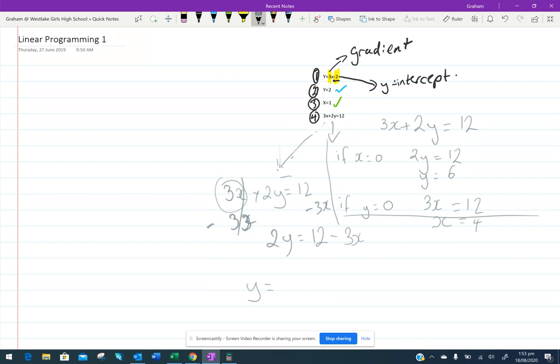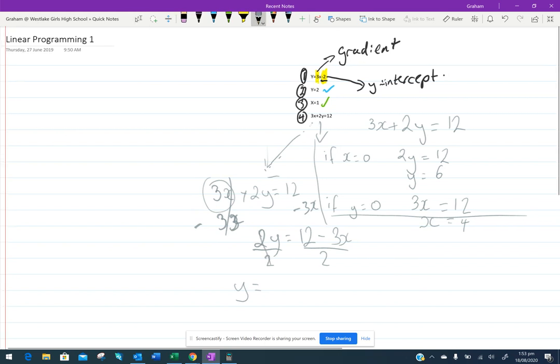Now I need to divide by 2. There's two ways I could do this. I could divide by 2, divide by 2, so those cancel, and I could write here (12 minus 3x) in brackets divided by 2. Or I could remember that 12 divided by 2 is 6, so y equals 6 minus 3 divided by 2.